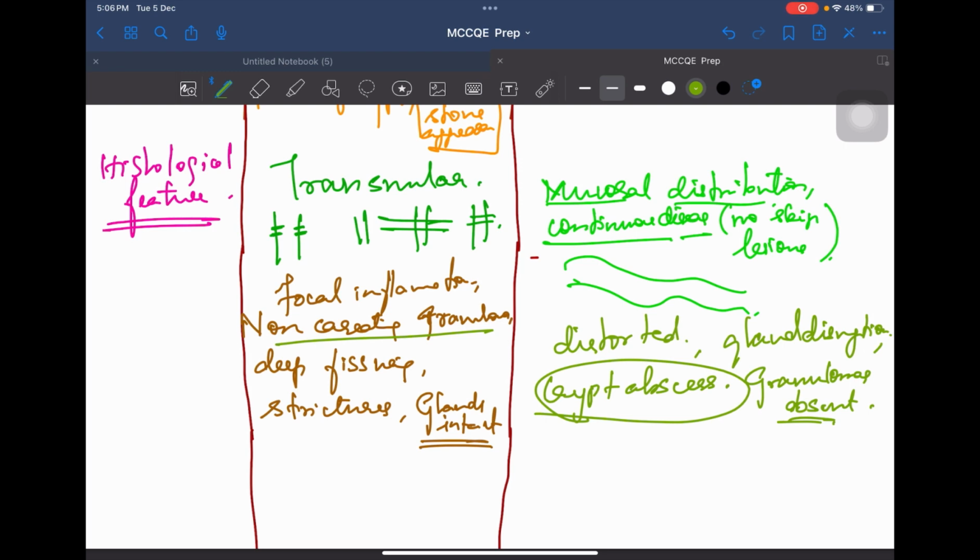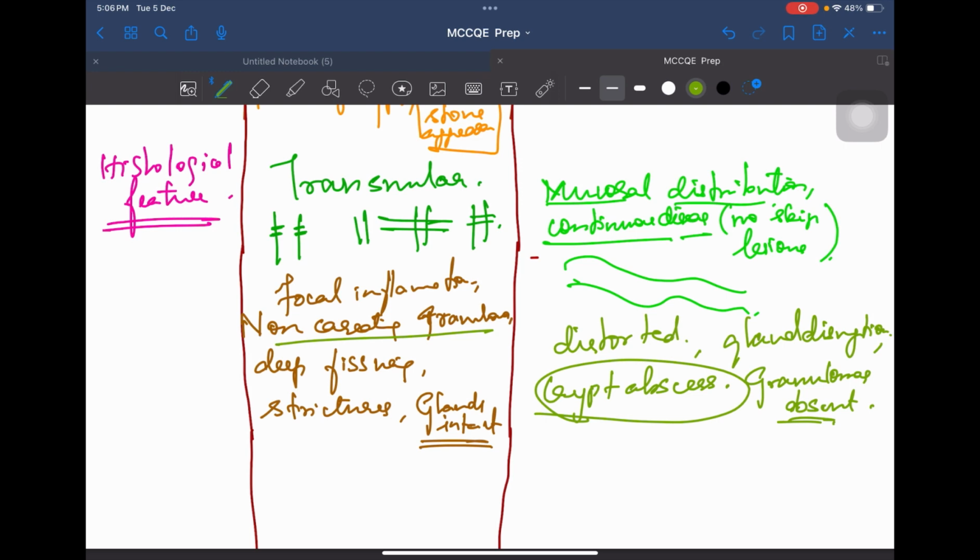Crohn's disease is transmural, whereas ulcerative colitis involves only the mucosa. In Crohn's disease there will be segmental inflammation, whereas ulcerative colitis involves the whole of the large bowel, starting from the rectum and progressing proximally. So it's a continuous disease.